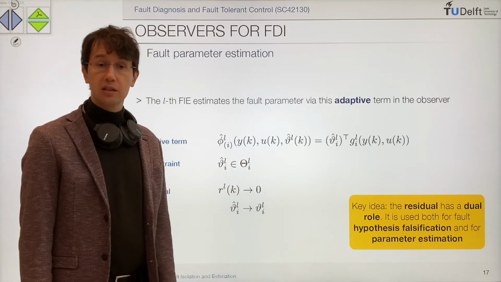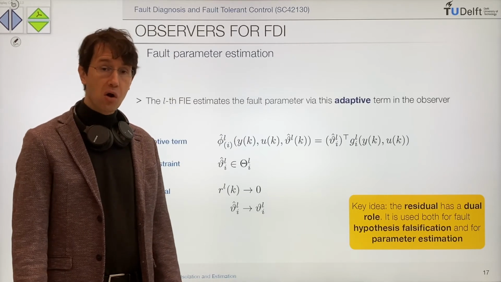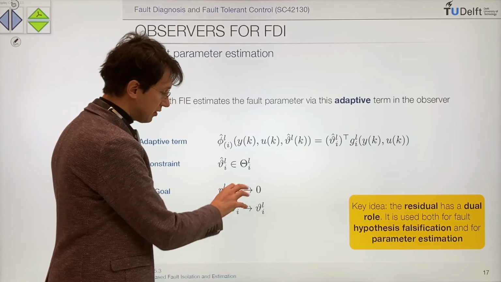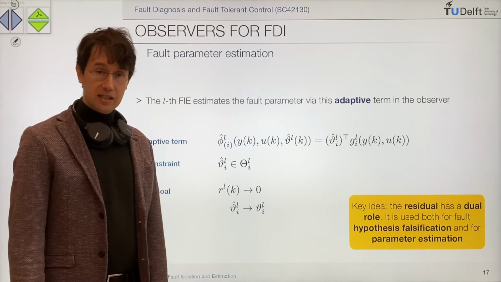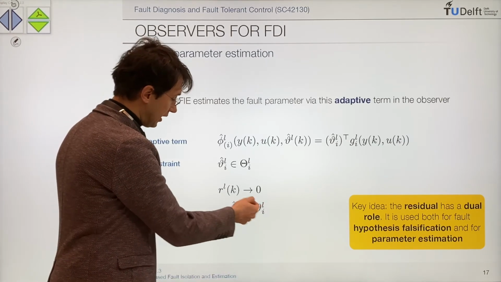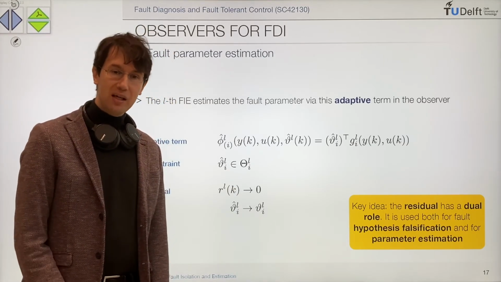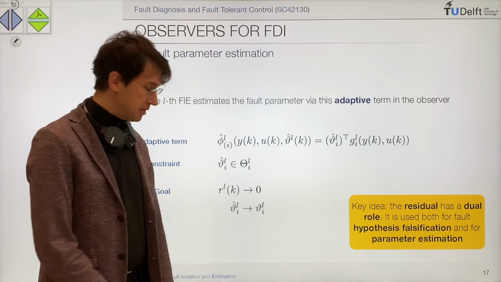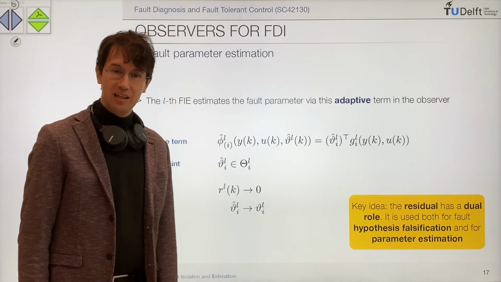So now the question is, how do we come up with a rule, a law, to update theta in order for this to happen? Well, the solution lies in the fact that if we are able to do that, the residual is getting smaller. And so the idea is, can we come up with an update law that is making the residual smaller?